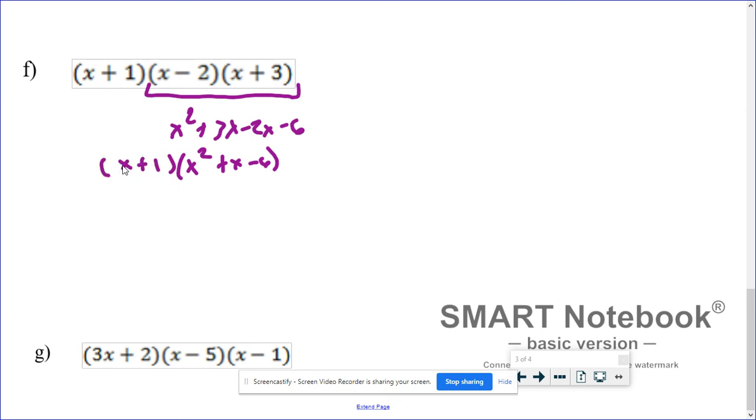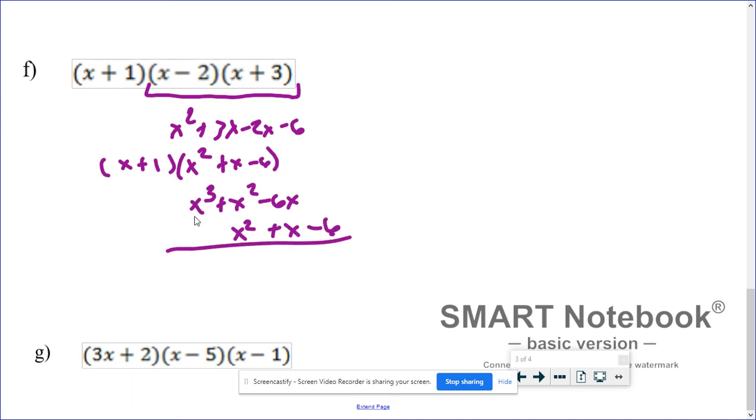And then the way I do a binomial times a trinomial is x, I multiply by everything inside, and I get x cubed, x times x is x squared, x times negative 6 is negative 6x. And then I do 1 times everything. 1 times x squared is x squared. 1 times x is x. 1 times negative 6 is negative 6.